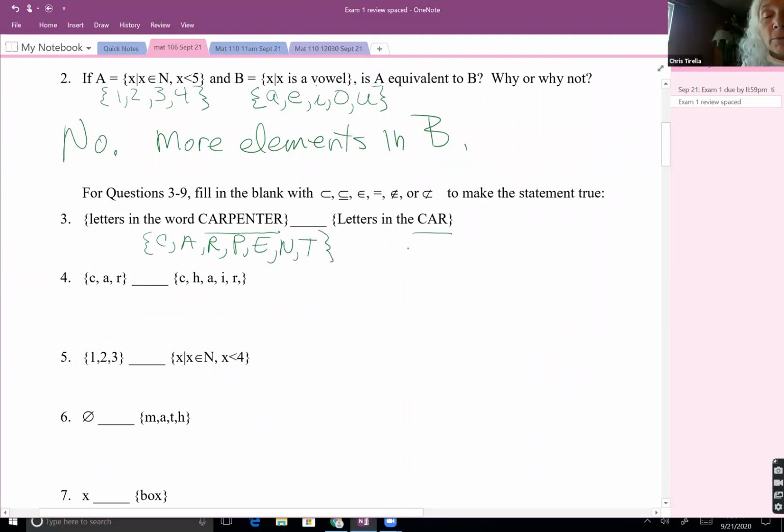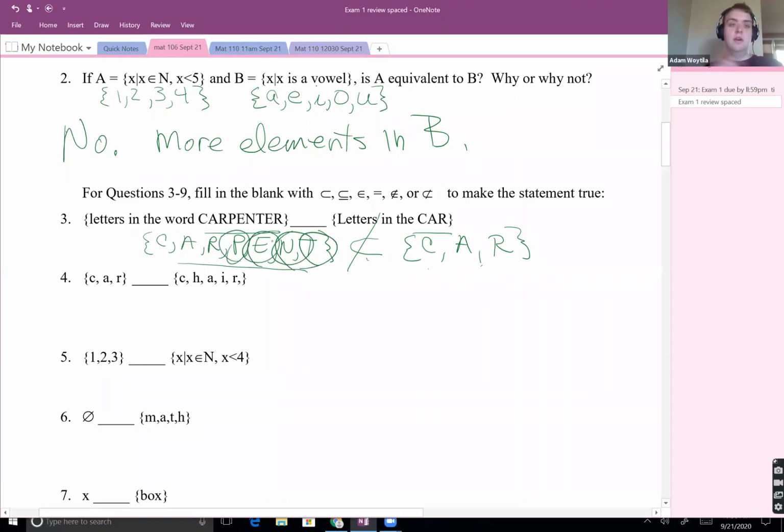The second set is C, A, R. Now let's look at that subset symbol. It looks like a C. Are all of these contained in here? Everything on the left? No. Where's the E? No, it's not a subset. There's all sorts of extra letters in here. But if carpenter and car were vice versa, it would be a subset, correct? Right, backwards. How about 4?